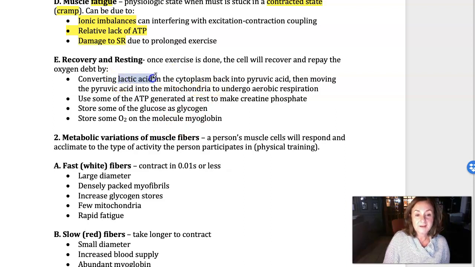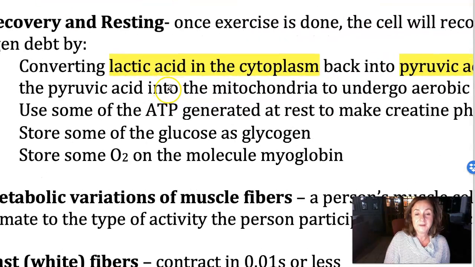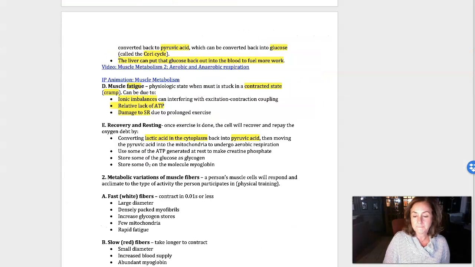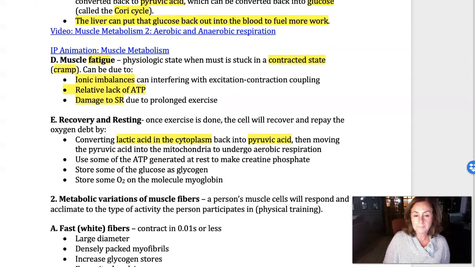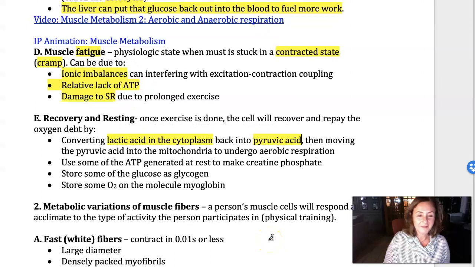And so once we stop working, what we'll do is we just run everything basically in reverse. So we convert the lactic acid in the cytoplasm of the muscle cell. So you can do this right in the muscle cell. You can convert that back to pyruvic acid and then put that pyruvic acid back into the mitochondria to undergo aerobic respiration so we can make ATP.